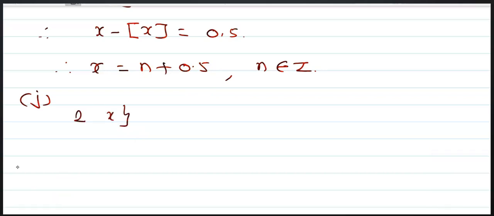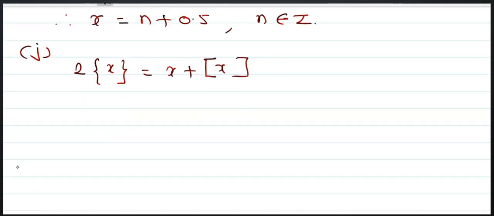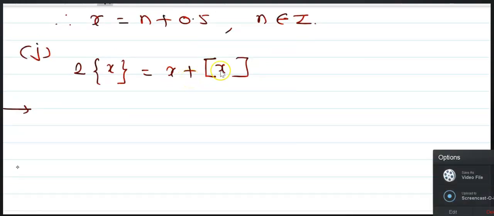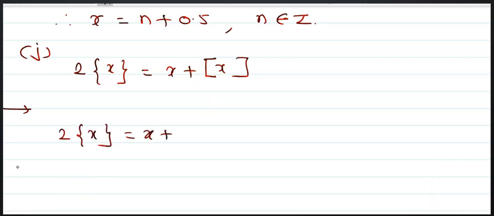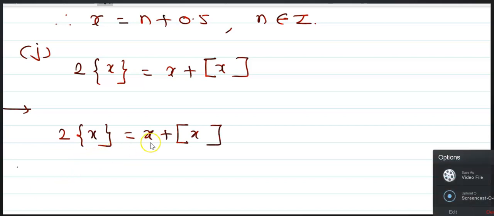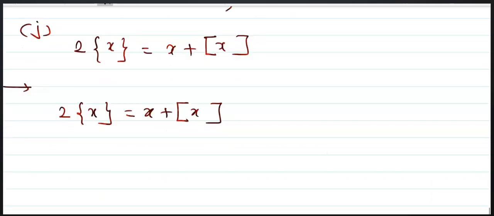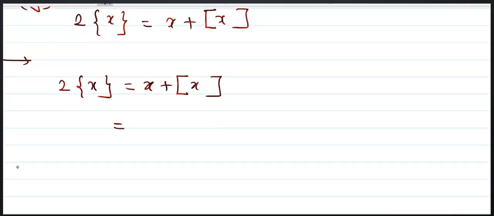Now, next is j. That is, 2 times the fractional part of x is equal to x plus the integral part of x. Now, we will simplify here. What is x? It is the integral part of x plus the fractional part of x.